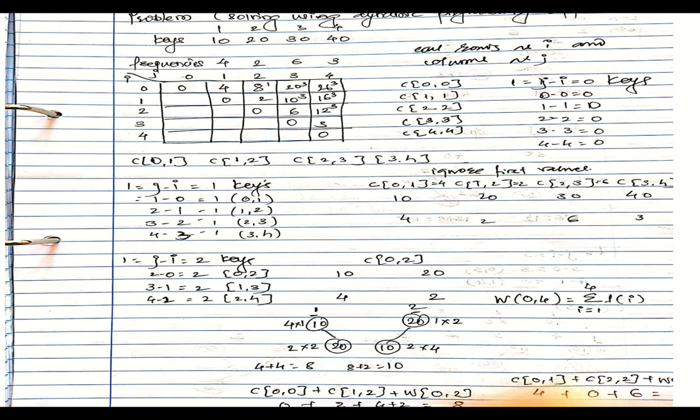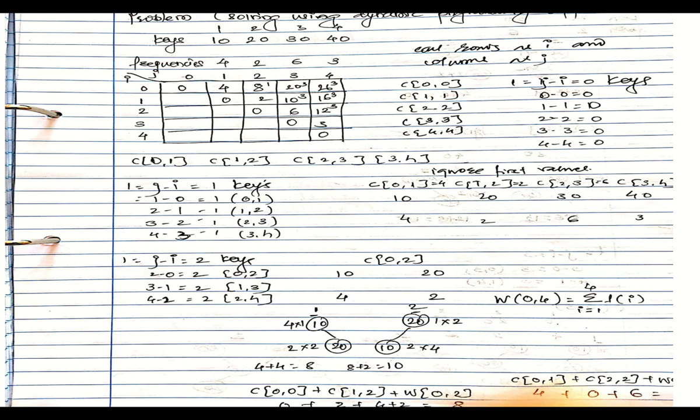Then what are the frequencies related to it? For finding 10, 4 is the frequency. Finding 20, 2 is the frequency. So 4 into 1 plus 2 into 2, what will become? 4 plus 4, it will become 8. Now 2 into 1 plus 4 into 2, it will become 2 plus 8, 10.